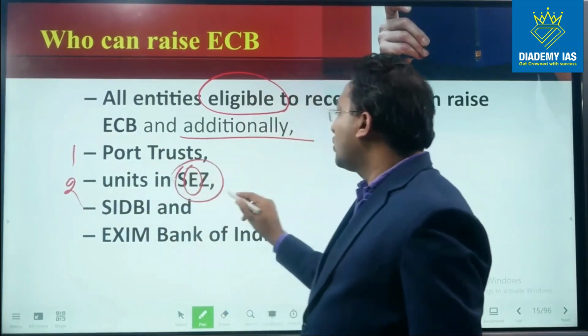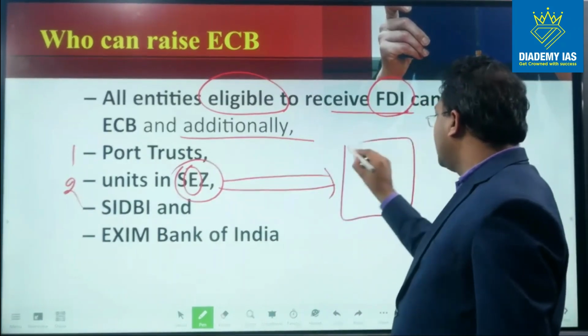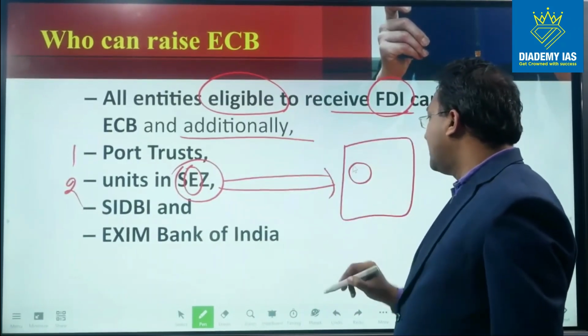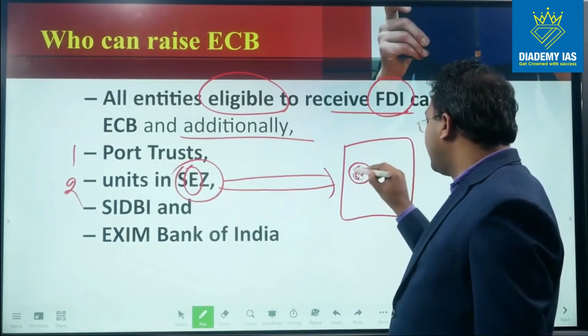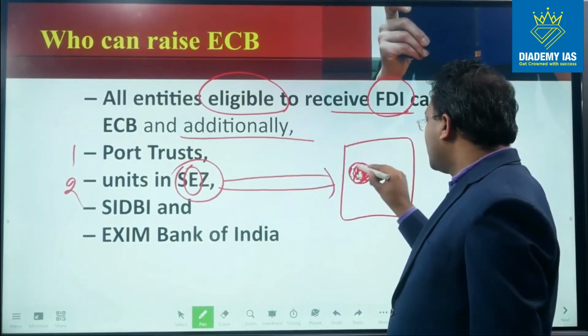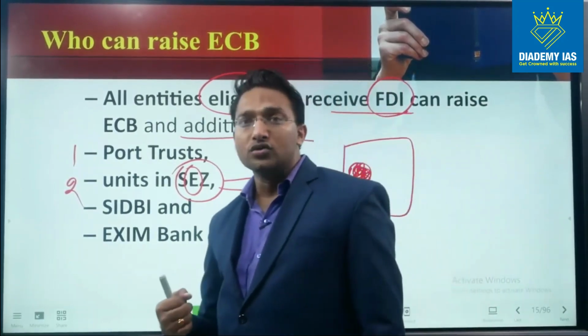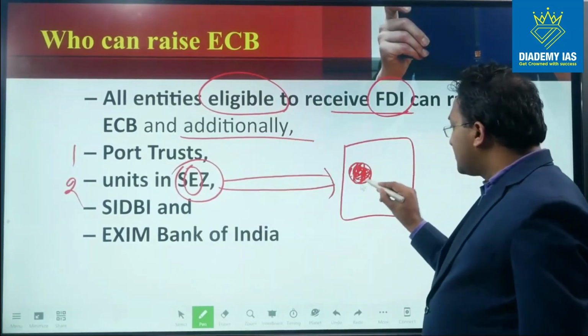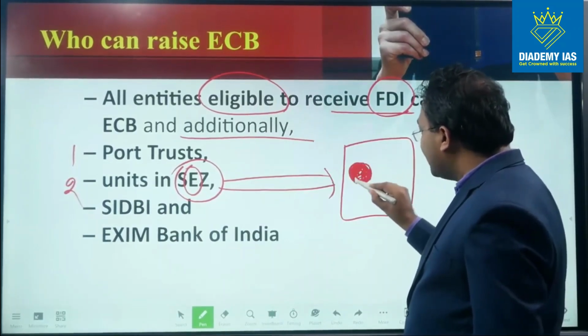So special economic zones are basically, suppose this is India. So in this India, this is the SEZ. All the transactions, all the production, all the sales, all the business happening over here, from the point of view of Indian tax law and other commercial laws, all this work that is happening in the SEZ is considered to be happening in a foreign country.